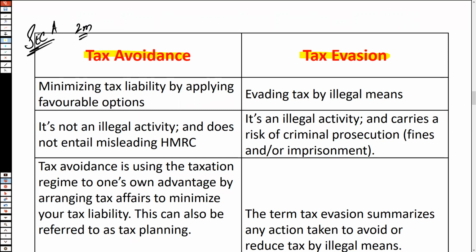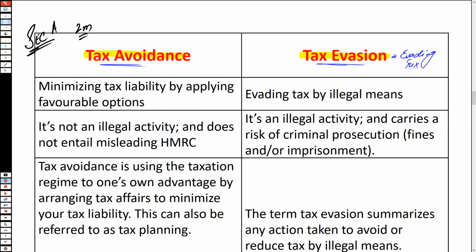By doing any of these 2 things, overall tax liability will go down. Tax avoidance and tax evasion both can be used for reducing the tax liabilities, but one way is a legal way and the other one is an illegal way. Tax evasion means you are evading tax.